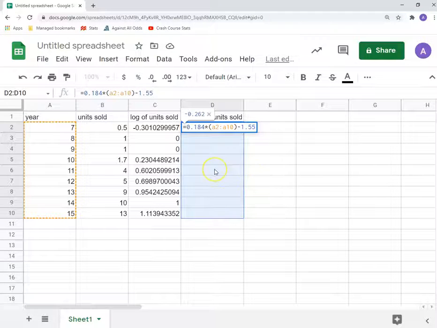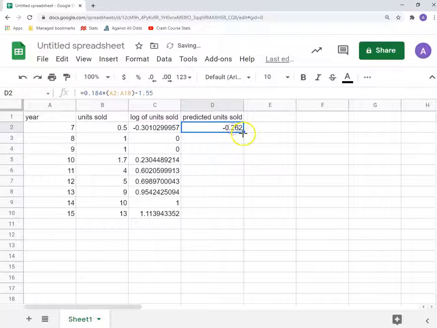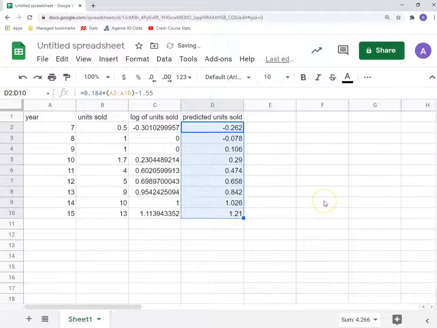Asterisk, yeah. It's shift 8. So I just put in our LSRL, and instead of X, I did A2 to A10 because those are my X values. Why are you doing 1.55?